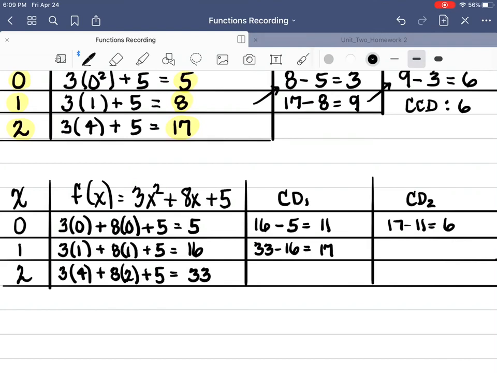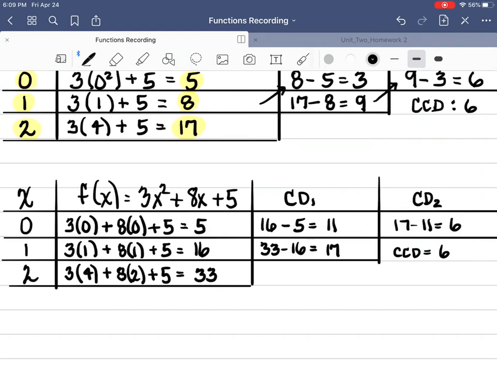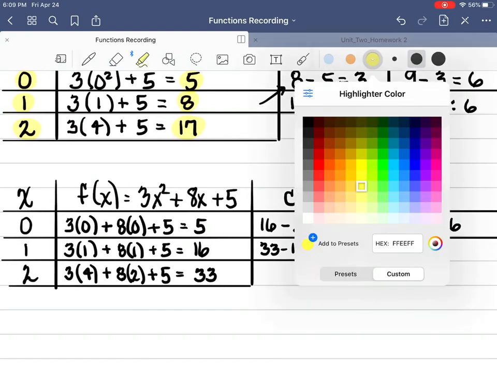So this is not the one we're looking for. Again, we are looking for negative 6. Okay, so that's not it. And if you want to go ahead and label, the common consecutive difference is 6. And guys, I still don't feel good about that one. But I don't see, and I didn't do enough points to really tell.